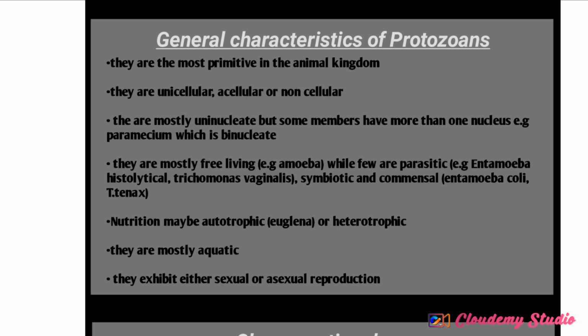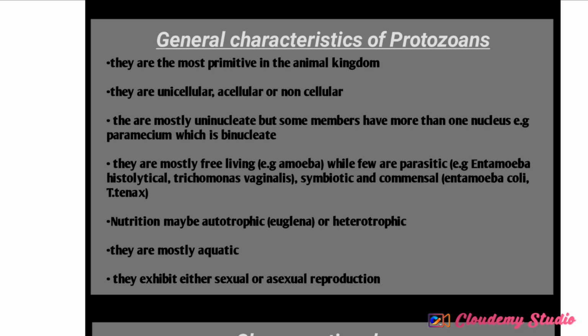They are mostly free-living, like amoeba, while a few are parasitic, like Trichomonas vaginalis and Entamoeba histolytica, and other ones like that. While some are symbiotic and some are commensals, like Entamoeba gingivalis and Entamoeba coli.